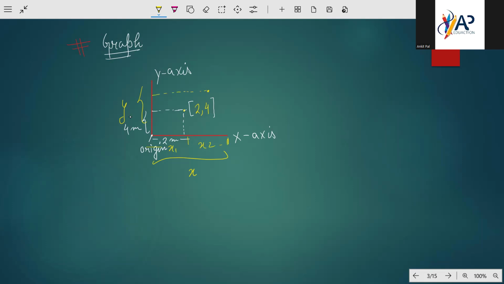If we consider this one is y1 and this is y2, suppose this point is 5 meter and this point is 8 meter. Now we write 5 comma 8.